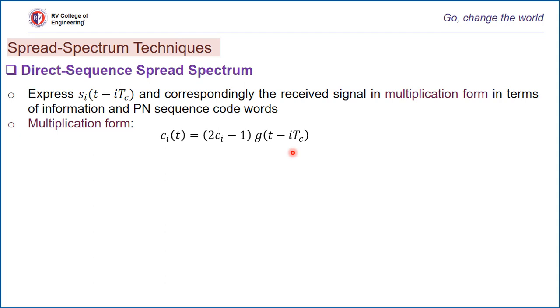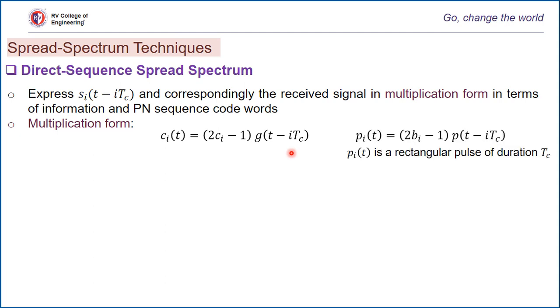Similarly, the waveform pi of t is defined as 2bi minus 1 times p of t minus iTc, where pi of t is a rectangular pulse for every ith bit of duration Tc. Then the equivalent low pass transmitted signal corresponds to the ith coded bit.